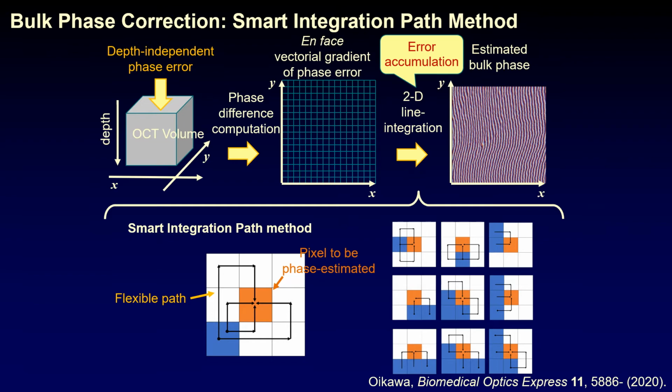We did the integration along these 4 paths and then applied averaging in complex for the results of these 4 paths, which gives us a final estimation of the phase of the target pixel. The algorithm itself is a little bit more elaborate, and if you're interested, please refer to our recent publication in Biomedical Optics Express.